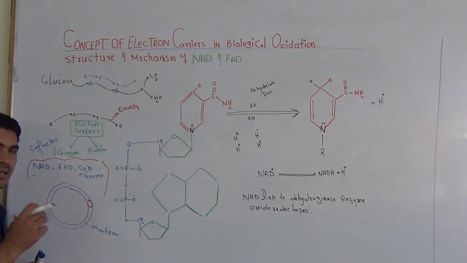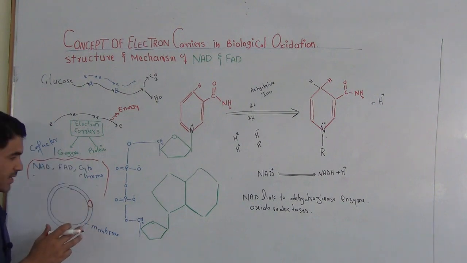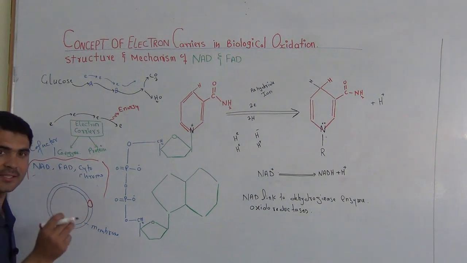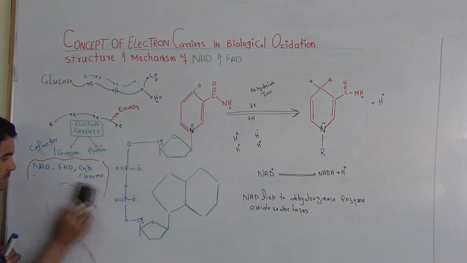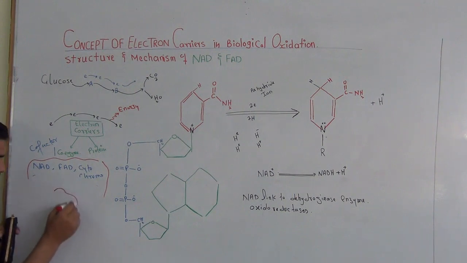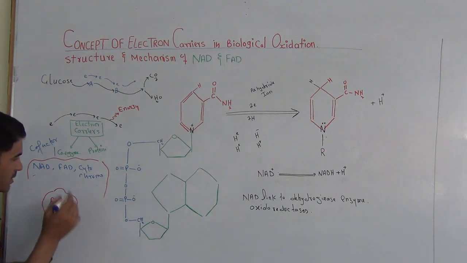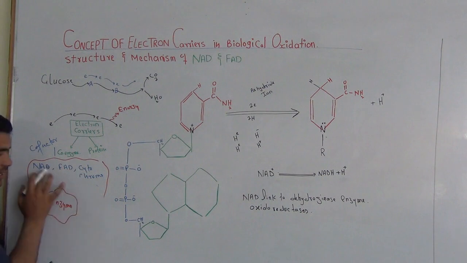And there are some electron carriers which are not attached to the cell membrane, but they are attached to the enzyme. Yeah, this is enzyme, right? We have enzyme here. Some of them, especially like NAD and FAD.